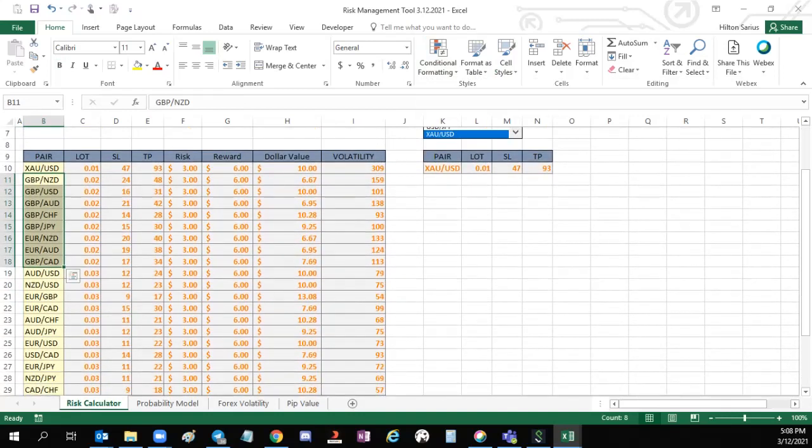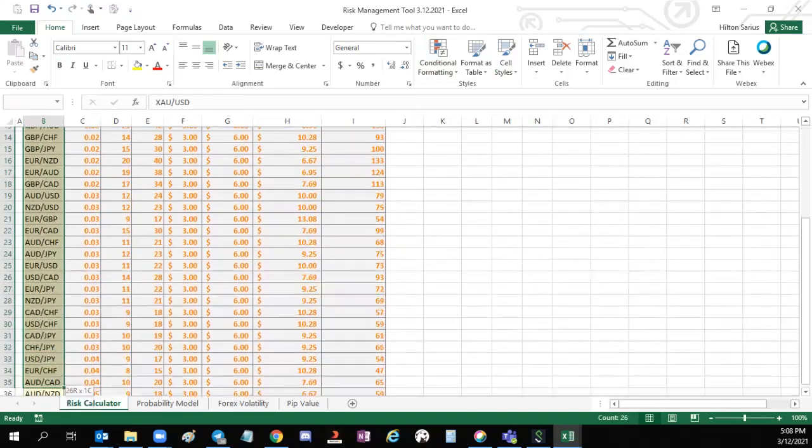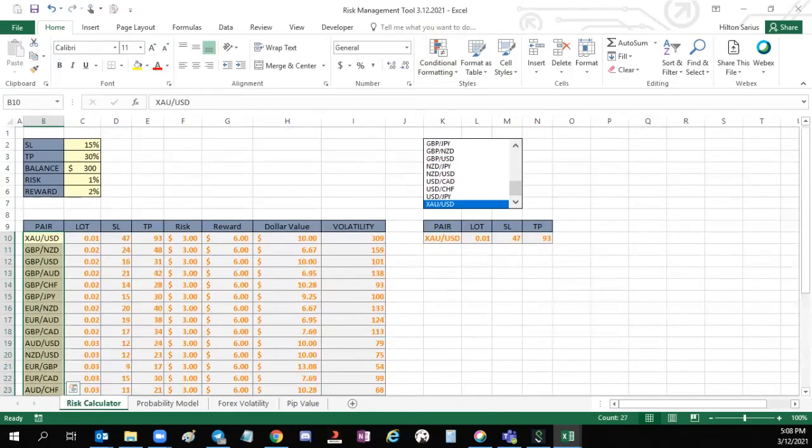For now, I just have all of the pairs that we would trade listed in here, and you could change these values based on what you're working with. If you have an account size of $300, you could plug that in there. Then this is going to show you what you're interested in: your lot size, your stop loss, and your take profit for each one of these pairs.